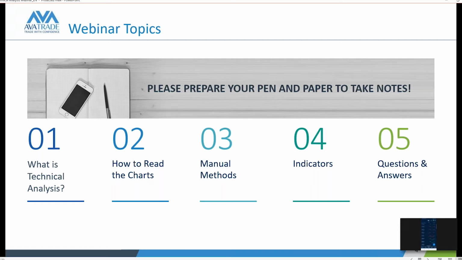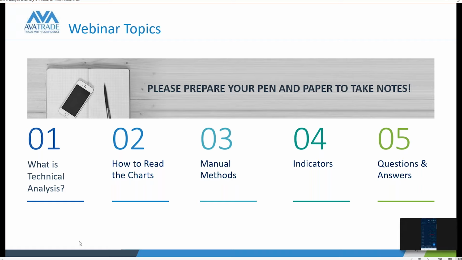The reason I'm showing you the web trader and AvaTrade Go instead of the MetaTrader platforms is because there are advanced features on the web trader and AvaTrade Go that you just don't have on the MetaTrader platforms that help you with your risk management, technical analysis, fundamental analysis, etc., built right into our platform and app. And you're also obviously free to use other platform options as well.